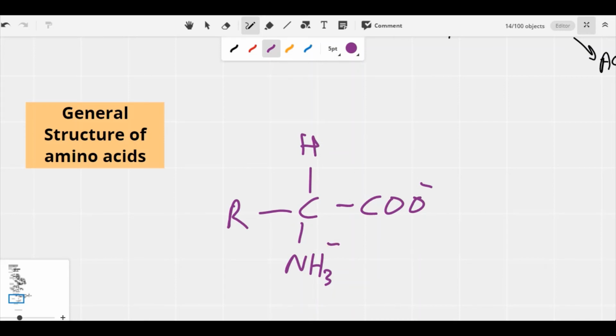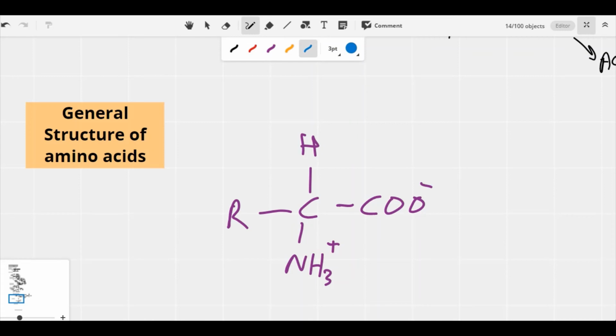Now you can see one group contains a negative charge, the carboxylic acid or carboxyl group, while the amine group contains a positive charge, because one more hydrogen is added by the shifting of the hydrogen from one group to another through the process of tautomerization. So that is actually making an ion.